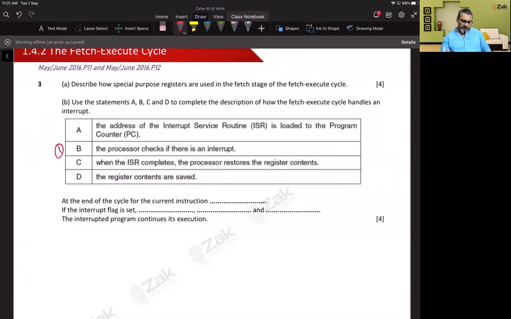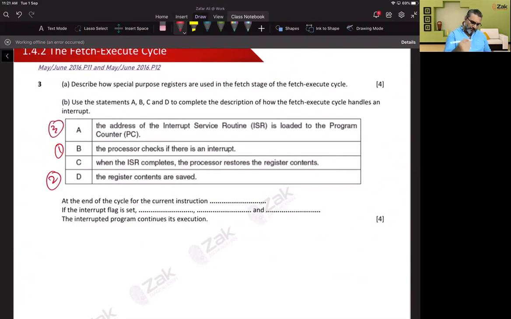If the interrupt flag is set, then the register contents are saved and the address of the interrupt service routine is loaded into the program counter.